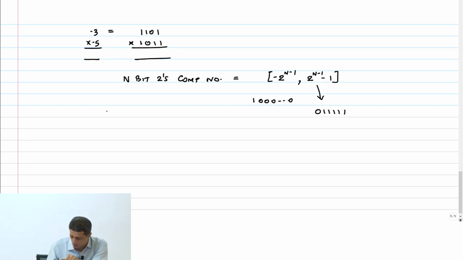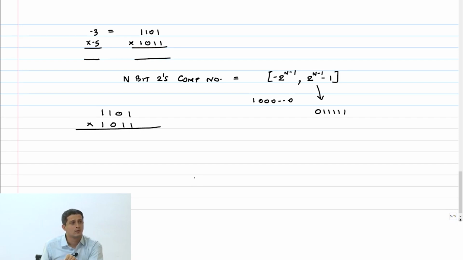Let's go ahead and do this multiplication as we did earlier. The first partial product will be 1, 1, 0, 1. The second partial product will be shifted again, but the same number, 1, 0, 1, 1.